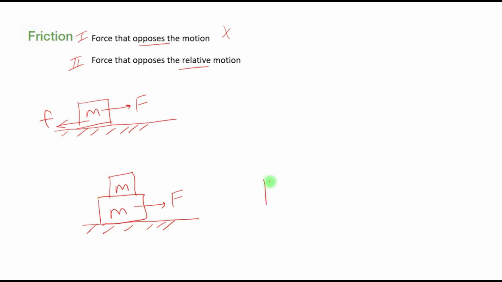The bottom block, which has mass m, will have a weight acting downwards, a normal reaction acting upwards, and the applied force of capital F. Because this bottom block is in contact with the surface, it will experience a frictional force, let's say F1, acting towards the left, right?